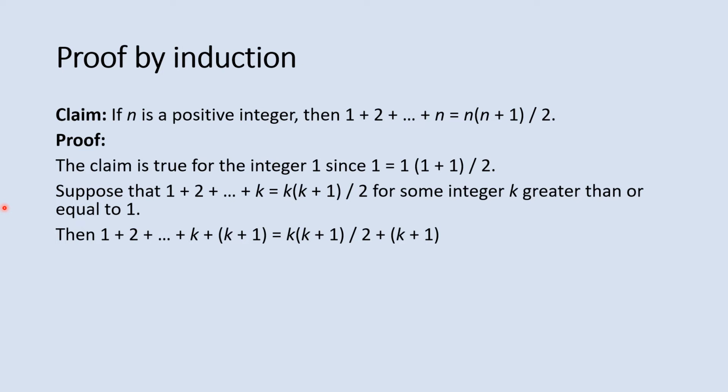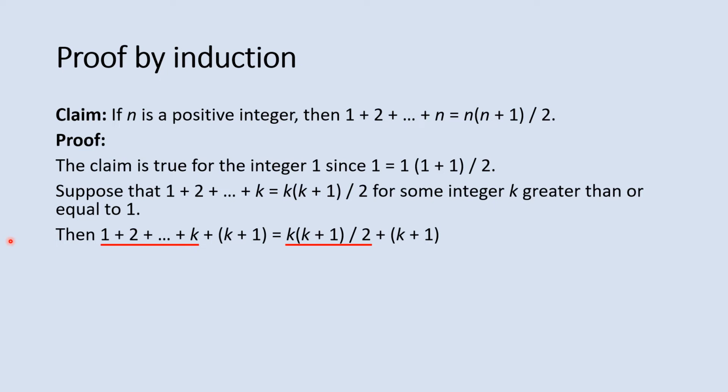And so we start by adding up to k and then adding on k plus 1. So we're adding from 1 all the way up to k plus 1. Again, notice that for the 1 plus up to k, the formula works, so we replace that part with k times k plus 1 all over 2, and then add on k plus 1.